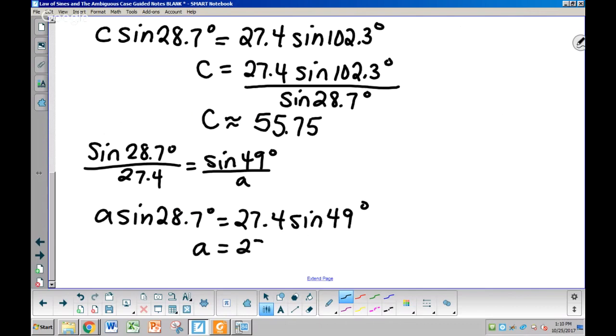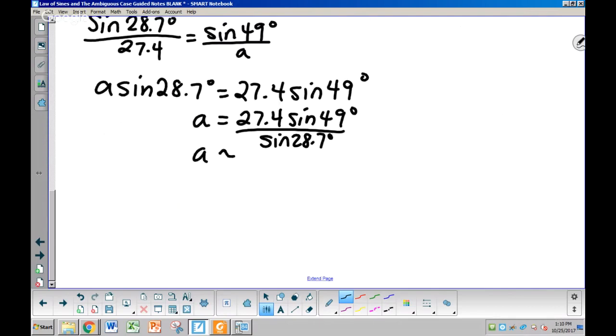Little side A equals 27.4 sine of 49 degrees all over sine of 28.7 degrees. And what do we get? 43.06.